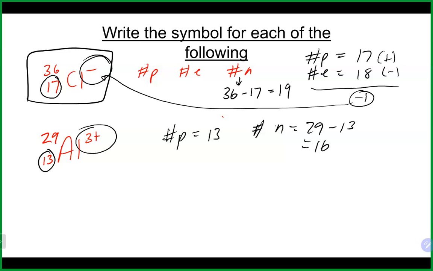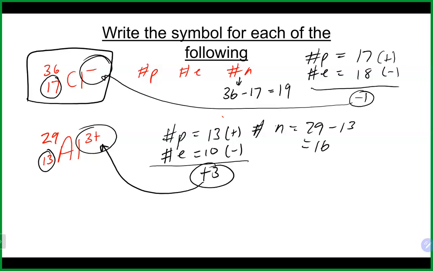If you want to keep it simple, aluminum has 13 protons and 13 electrons when neutral. So if it lost 3 electrons, it should only have 10 left. 13 positives and 10 negatives gives you 3 extra protons with a positive charge, and that is where our positive 3 comes from.